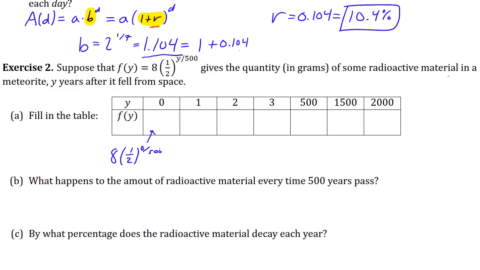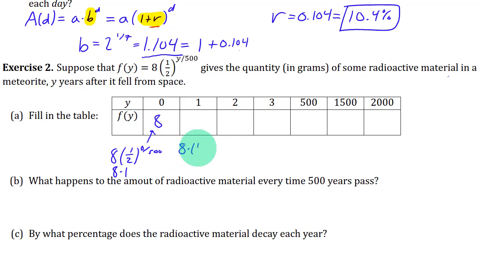So whenever you plug in 0, you're just going to get your starting amount, which is 8 grams of radioactive material.